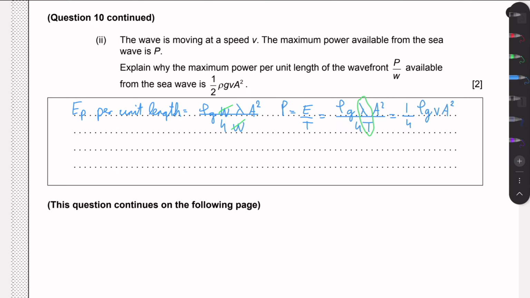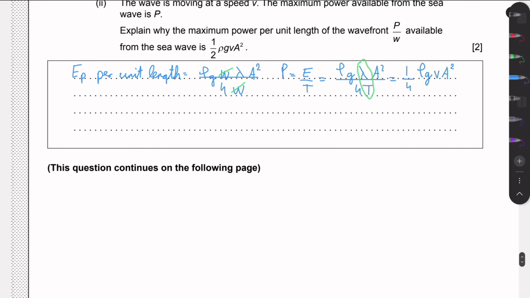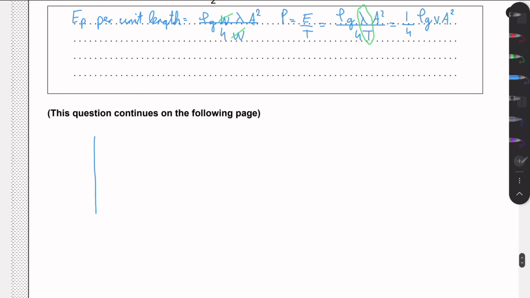And then this is not the total maximum power available, as this is only the potential energy. We also have kinetic energy, and if we remember the properties of potential energy and kinetic energy from simple harmonic oscillations, we might remember that they are in very close relationship with each other.